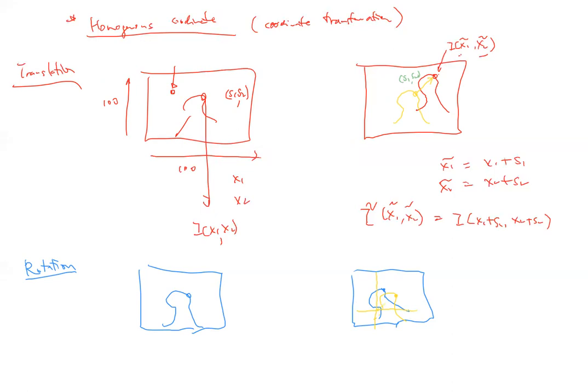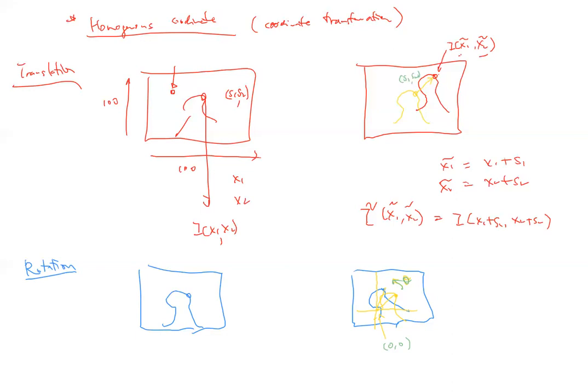Sorry, my drawing is quite horrible. So rotate by 30 degrees. This is the origin, this is just 0, 0. So we rotate the entire image by 30 degrees, counterclockwise. So it may be less obvious, maybe I will just write it down. If you don't see it, maybe you saw it in geometry class, I don't know.